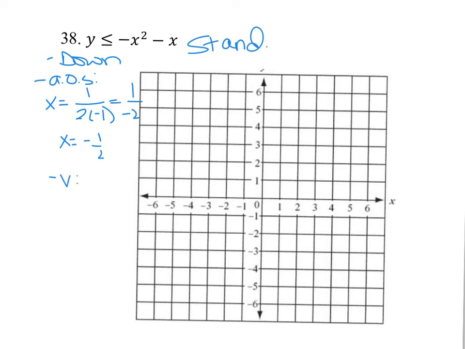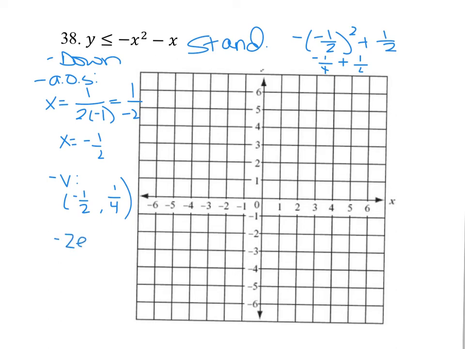So now to find my vertex, that's -1/2. So now I've got to plug that in. So -1/2 squared is 1/4, so that's going to be -1/4 plus 1/2, which will be 1/4.